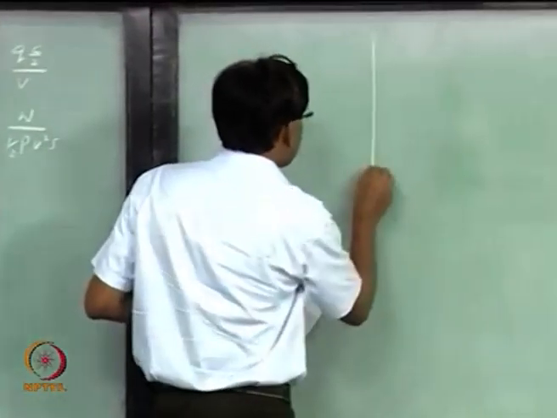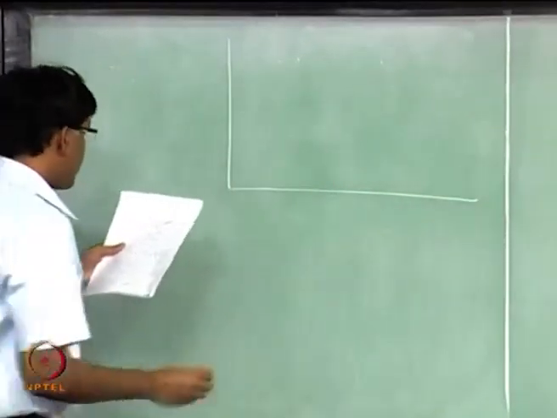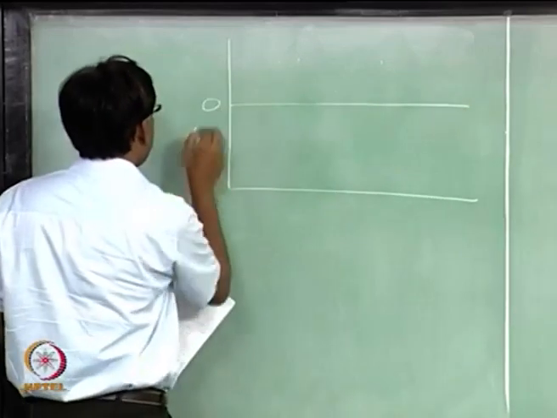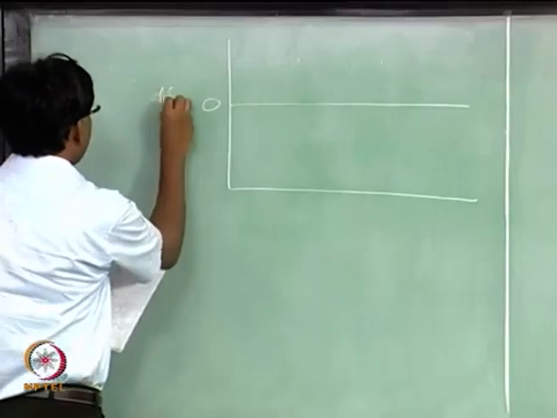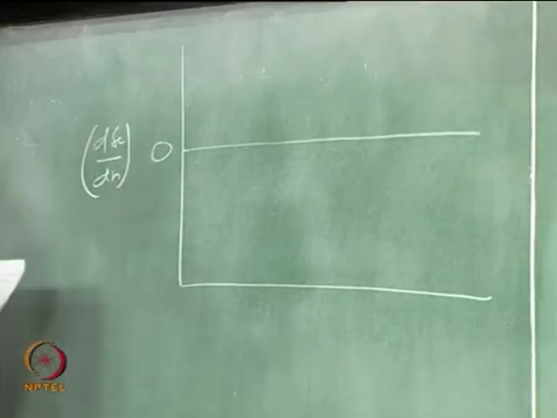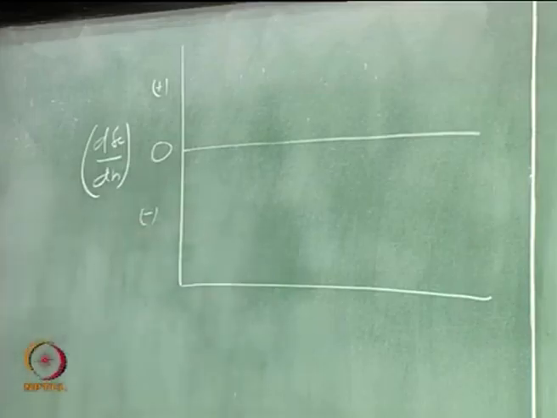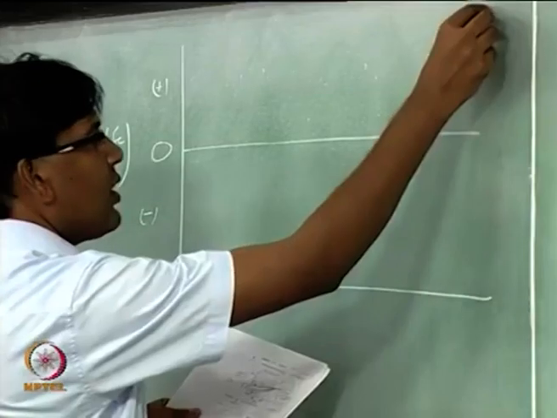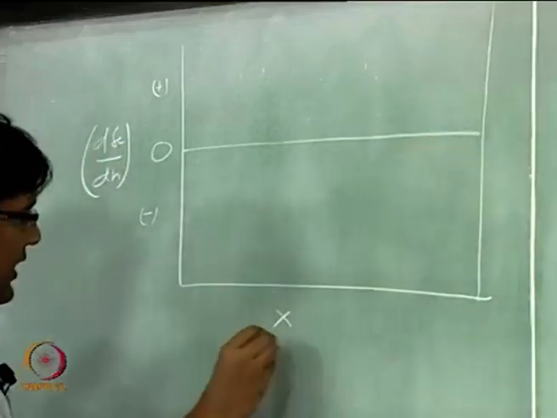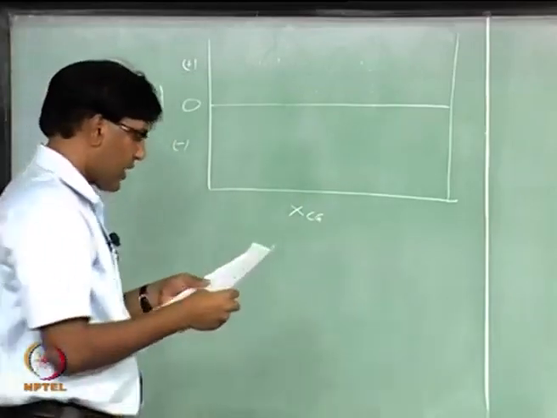So, only a few more things that I want to say about this. Right. So, my x axis is the CG location.